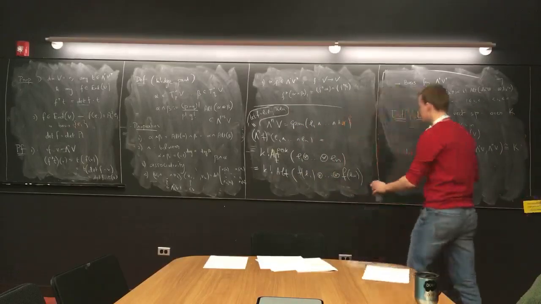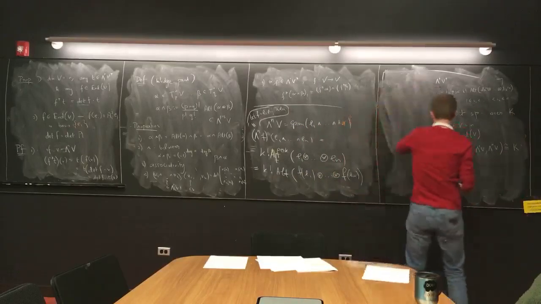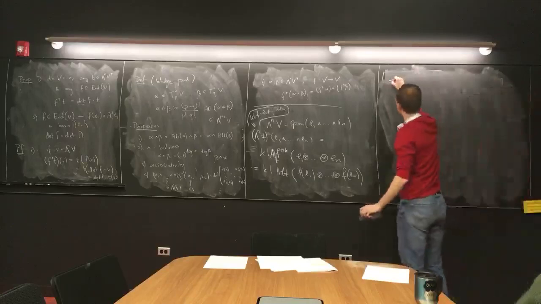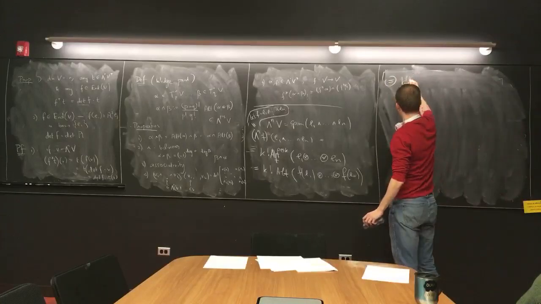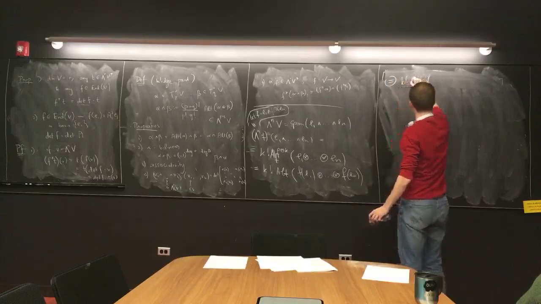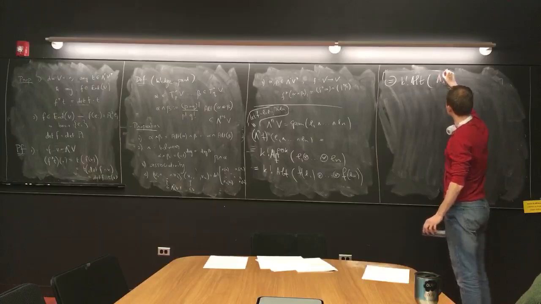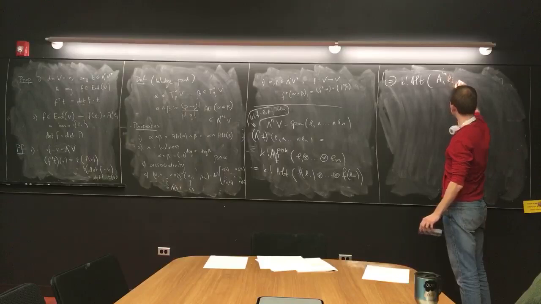Now, these guys we can expand using the matrix of f. So k factorial alt, and then we've got A i1 1, e i1.